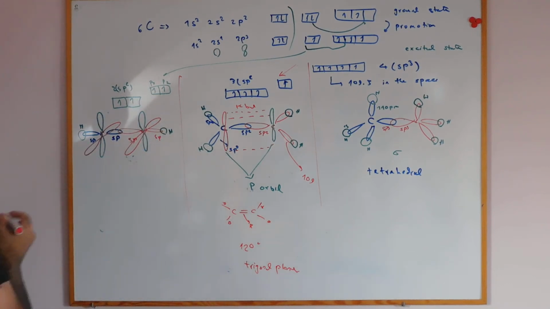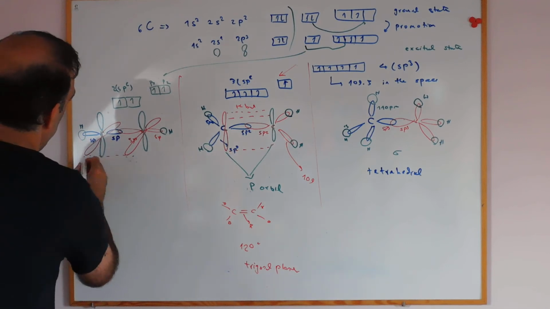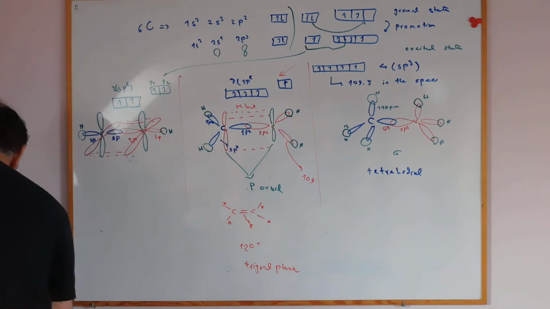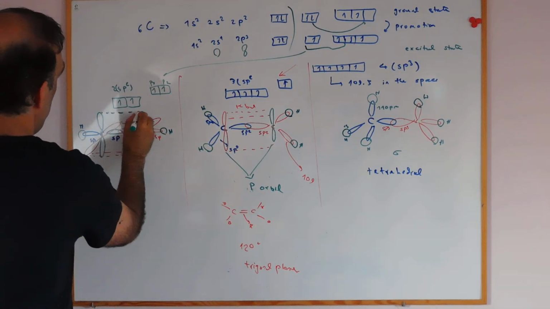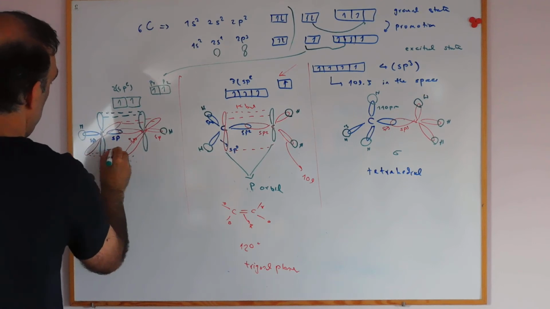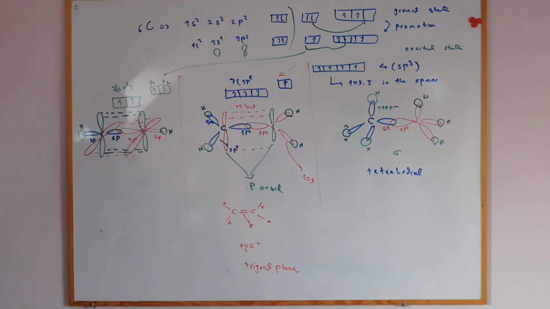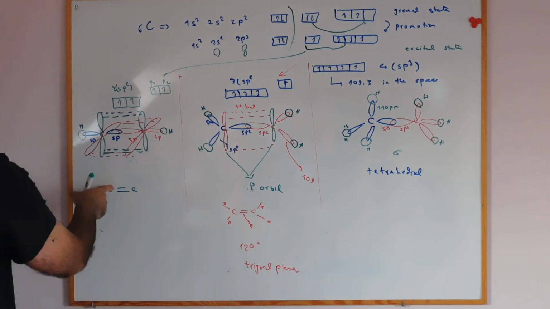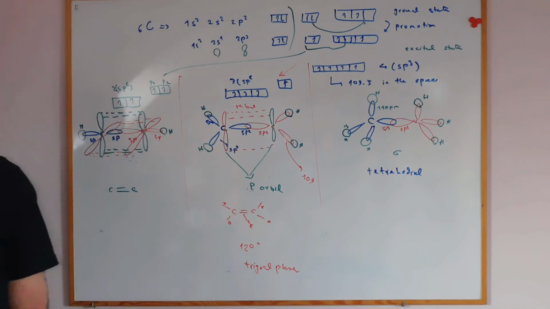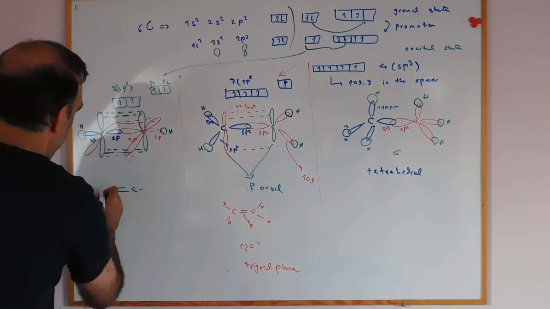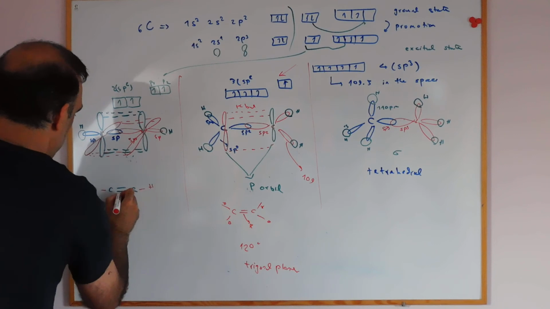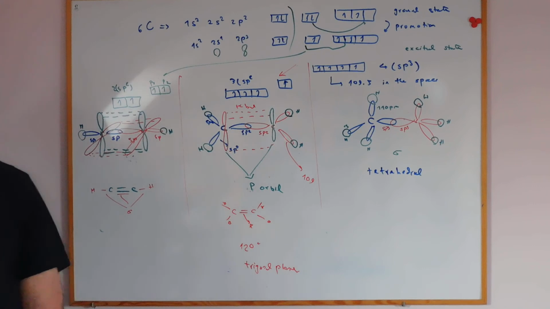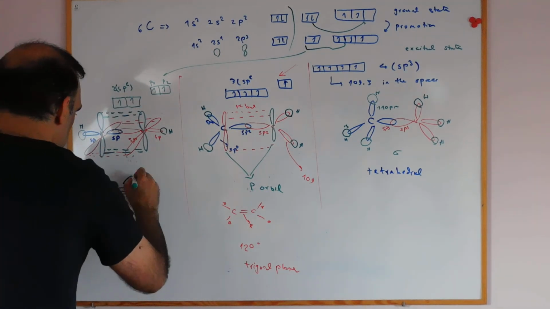Now, if I overlap the pz orbitals with each other, and I overlap the two py orbitals with each other, then between the two carbons we have 2 pi bonds, and the other is a sigma bond. These are sigma, and these two are pi bonds.